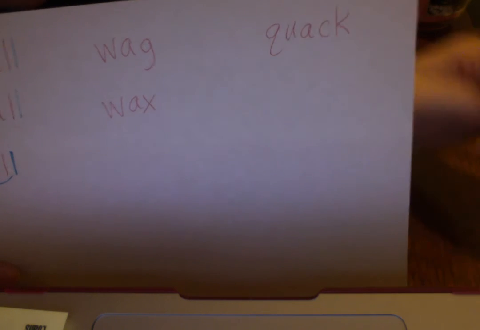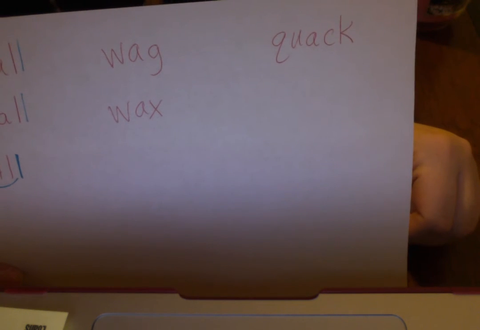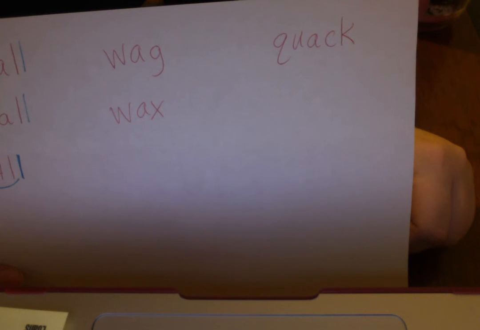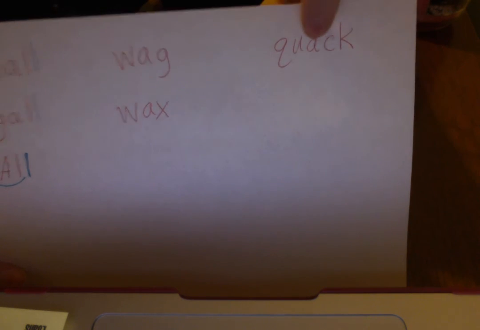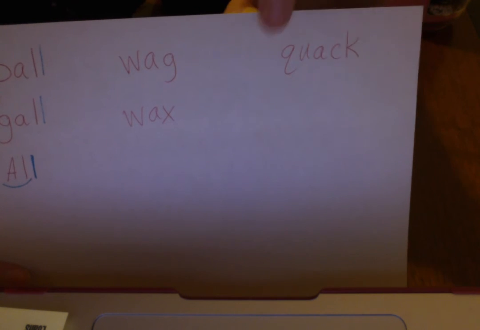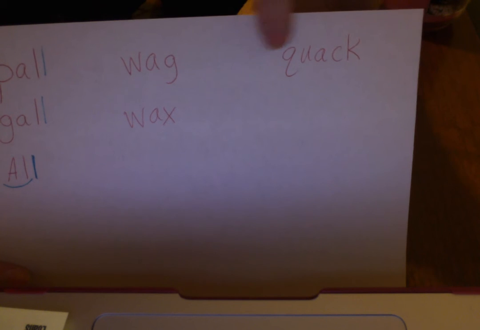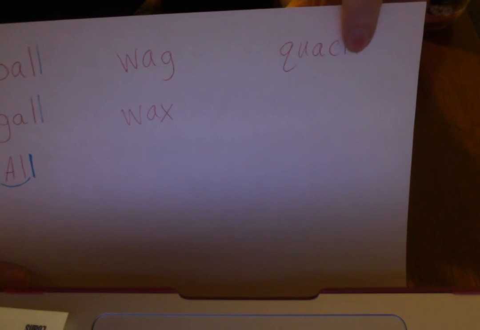Quack. Quack. No, I've never heard that word before. I'm going to go back to that A. I'm going to be flexible. Flex my vowel and try to say ah instead. Quack. Quack. That does make sense.